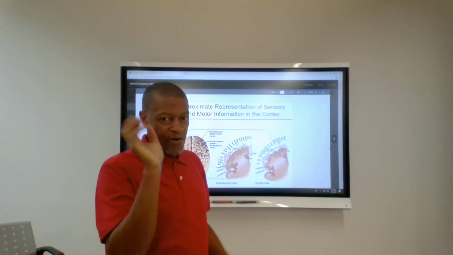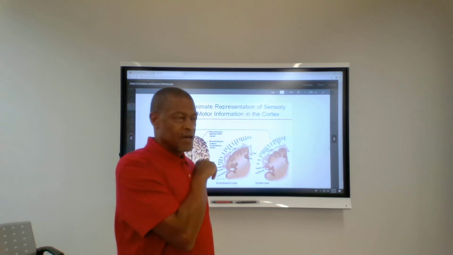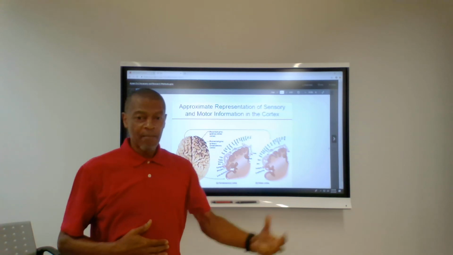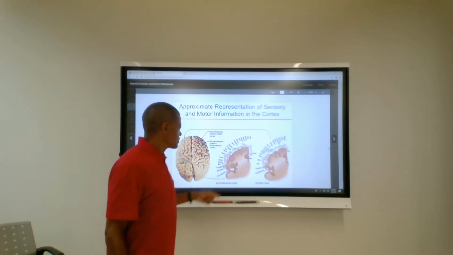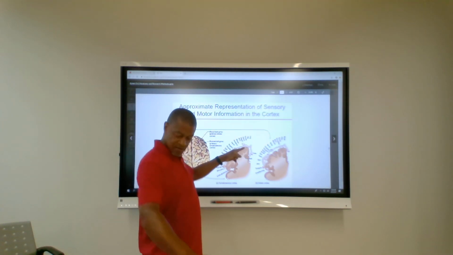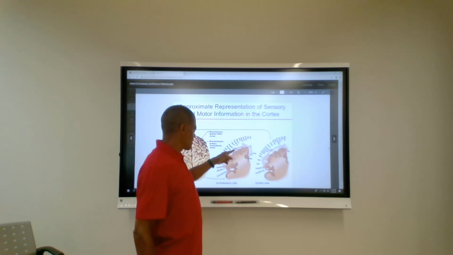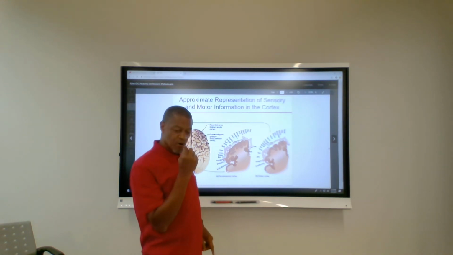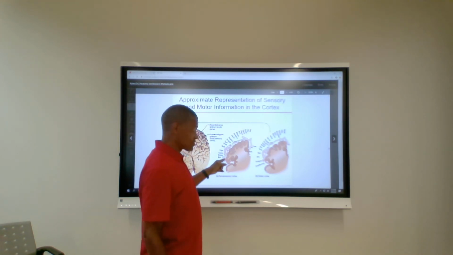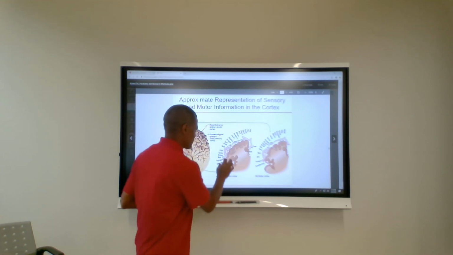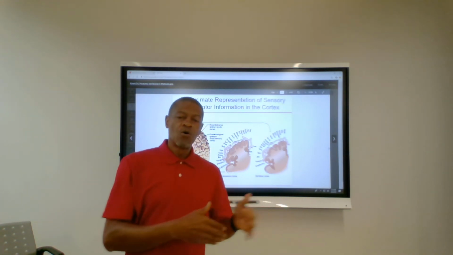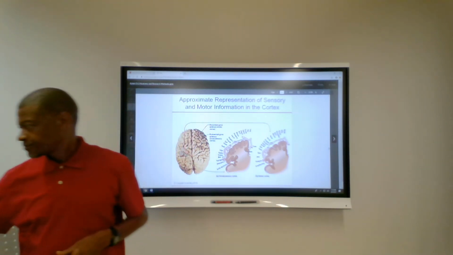It's laid out according to how important it is to have that amount of brain area to serve that function. So here we have the arm, which covers a whole lot of brain area. You got your tongue, even though it's small, it still covers a lot of brain area. You got your whole face right here. So the homunculus describes how your body is represented onto the cortex.